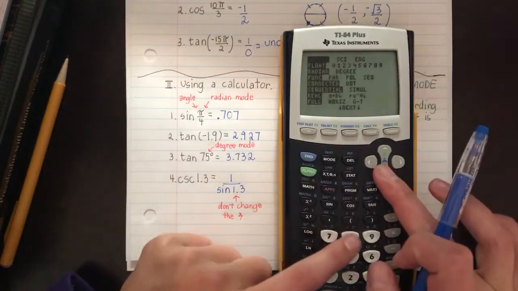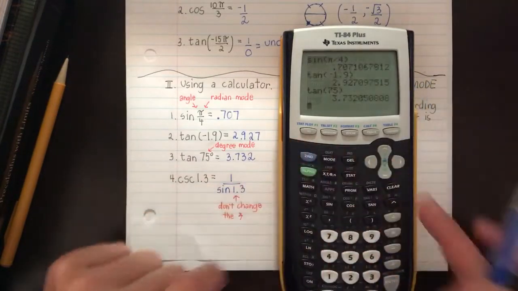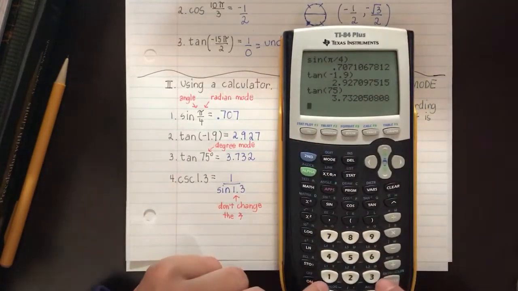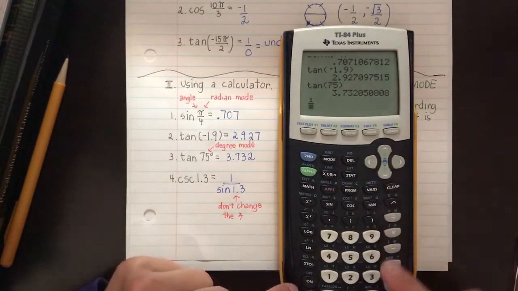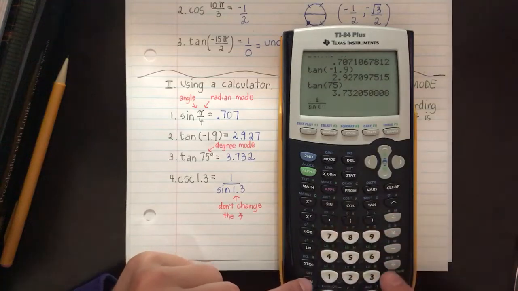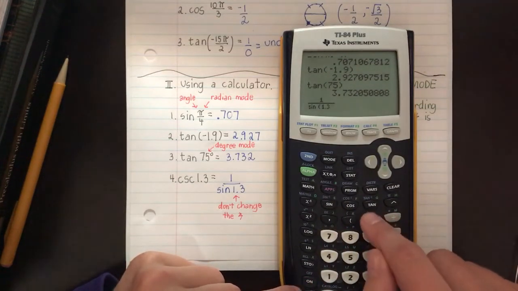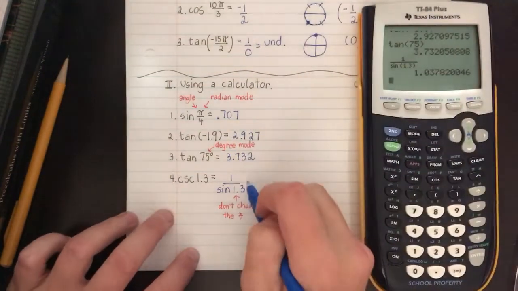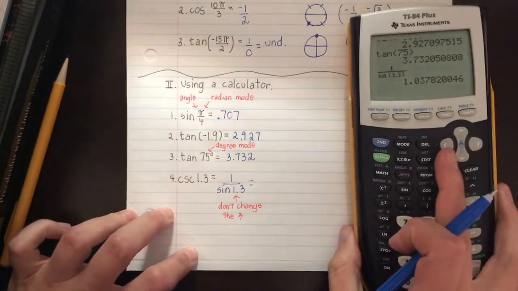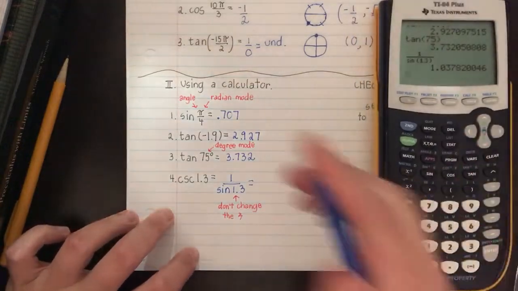Let me check one more time. I am in radian mode. I'm going to do alpha y equals, 1 over the sine of 1.3. Close it off. Utilize that alpha y equals key, and you will get 1.038. You're going to round up.